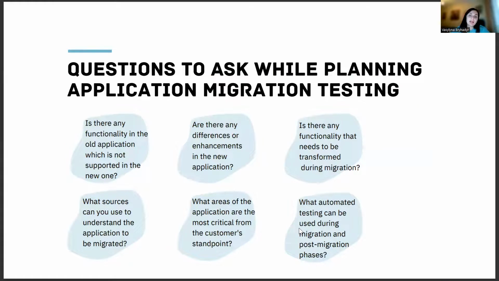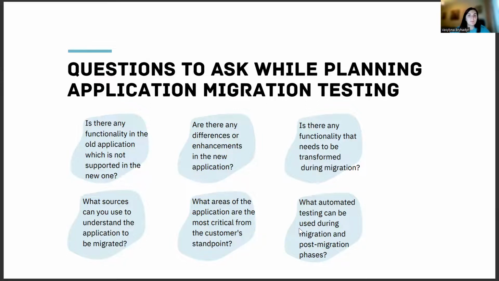Knowing that, there are some questions specific to application migration testing that you need to source the information for. This is regarding functionality in the old application which is not supported in the new one. When you understand that there will be such unsupported items, you need to get the information on what your business is going to do with that.